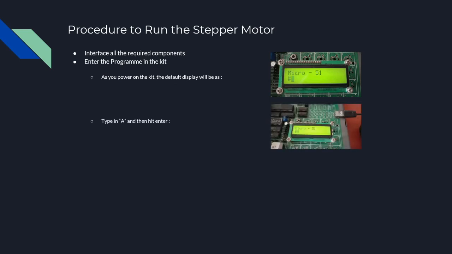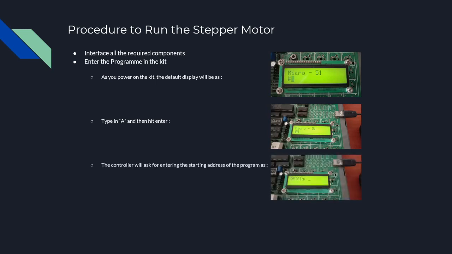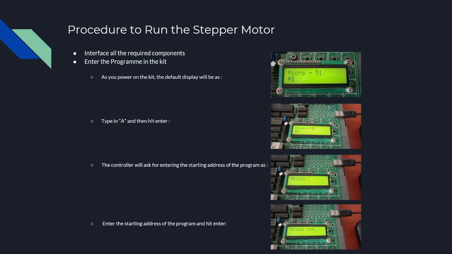Type A and then hit enter. When you do so, it will ask for the origin from where you want to begin your program, right? In that case, you can type in 4100 and enter the first instruction, MOV DPTR, #4500. You'll be entering that one in that particular location, right?